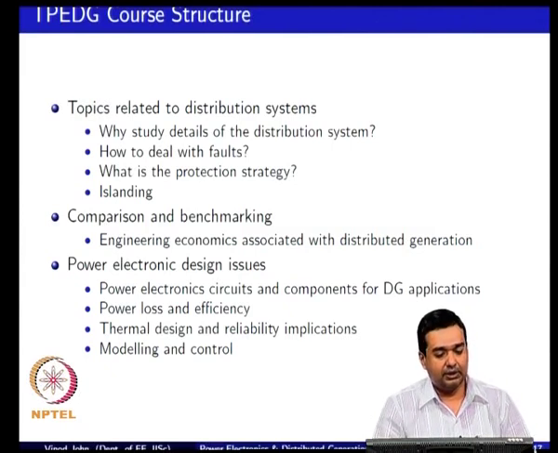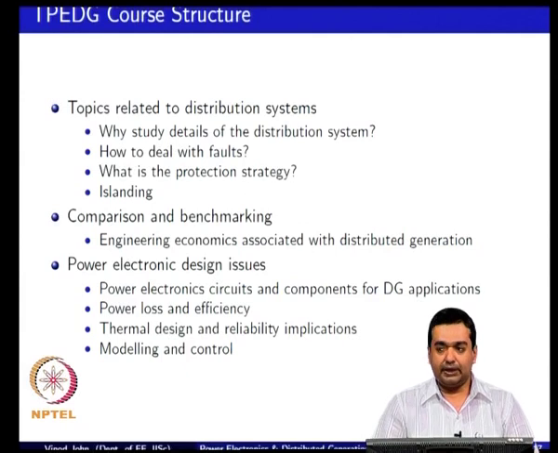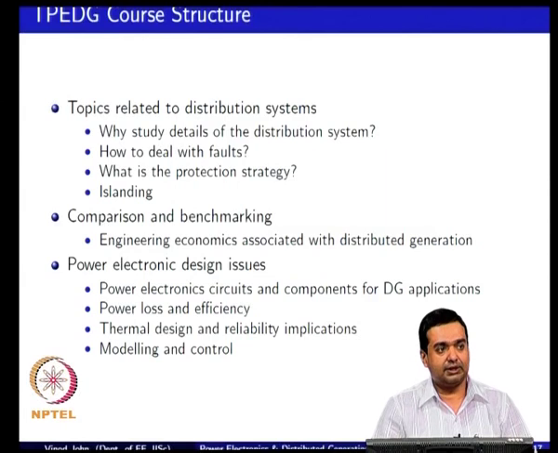What is the strategy to deal with protection, especially when you have faults. And one thing that can happen when you have additional sources in the distribution system is that you have the potential to form an island. If you look at the traditional distribution system, the source is essentially the grid coming from the substation to the feeder, and you have a feeder coming from the substation to the individual loads.